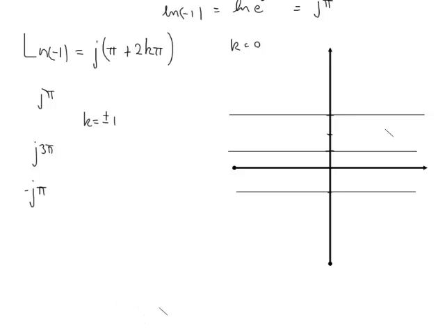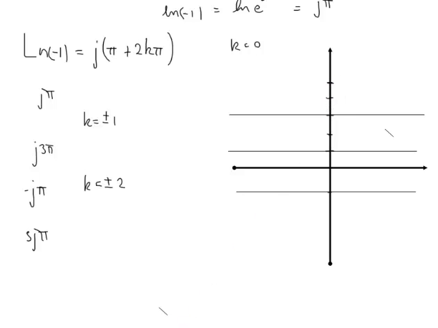Let's go for the last time now. Let's think of k equals to plus or minus 2. If you put 2, you're going to get 4, plus 1, 5. You're going to get 5 pi. If you go back there, you're going to get 1, 2, 3, 4, 5 pi.